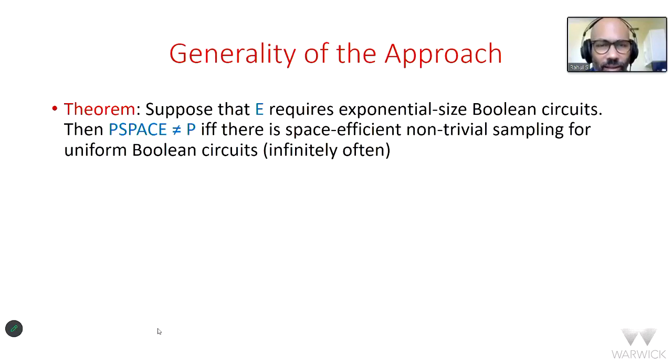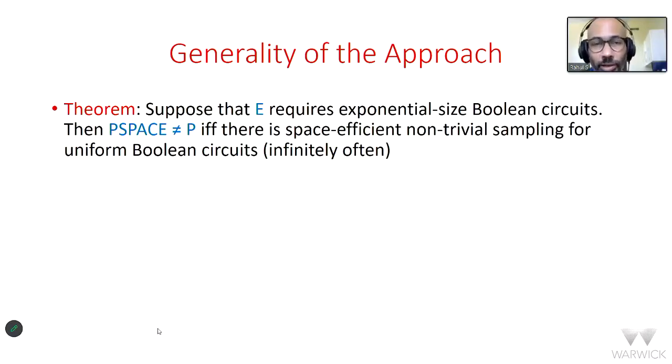But it also turns out that, under very believable and relatively mild complexity assumptions, there's actually an equivalence between uniform lower bounds and certain versions of our algorithmic tasks.